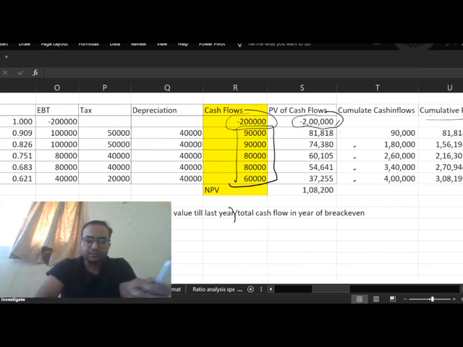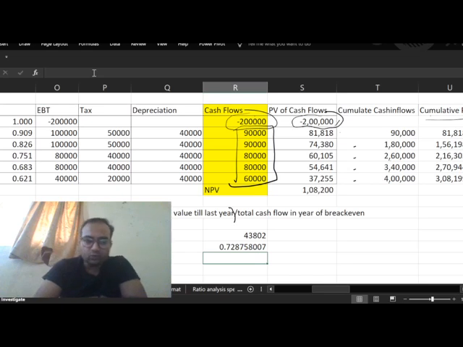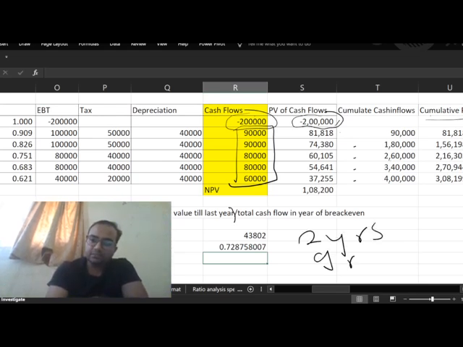So when we calculate this, it will be 2 lakh minus 1,56,198, that is 43,802, divided by 60,105. So that is 0.72. So that means our discounted payback period in this case is 2 years and 0.72, 2.72 years. So that is roughly about 2 years and 9 months, right?